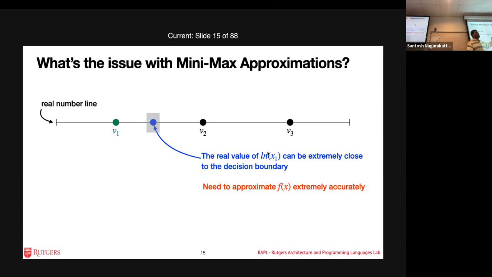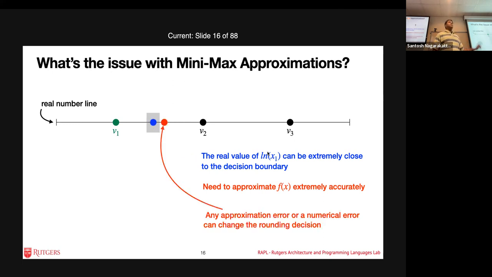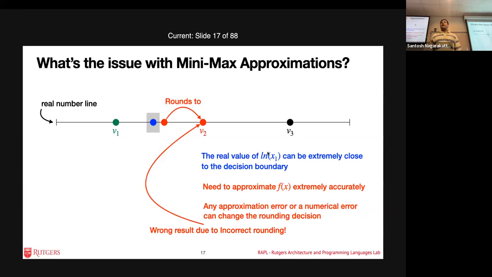So the amount of freedom that you have with the minimax polynomial approach is shown in this gray region. This is the amount of polynomial error that you can tolerate. And now, as Badri was highlighting, you do output compensation and range reduction with your finite precision representation. It introduces rounding error that goes beyond the freedom that you have. It produces wrong results, and this is precisely why existing approaches produce wrong results.